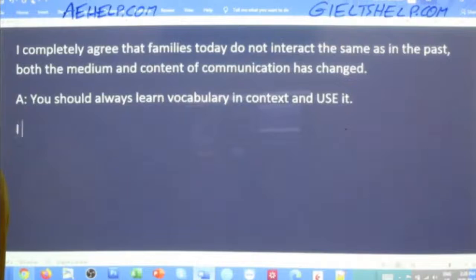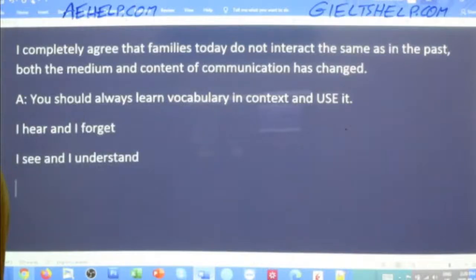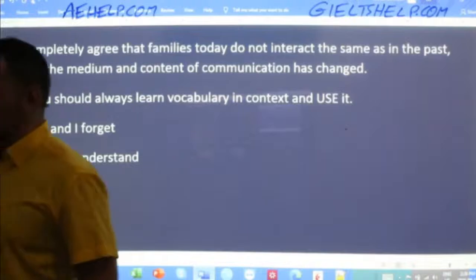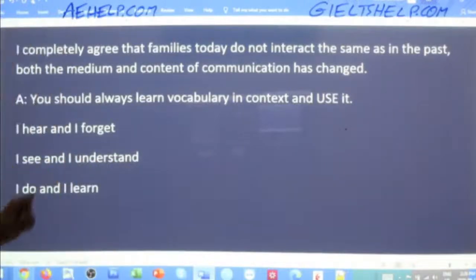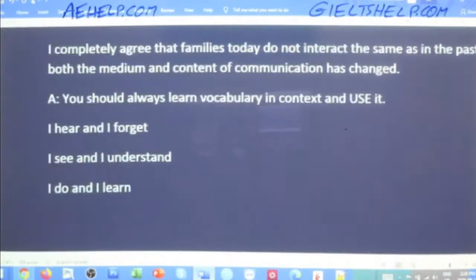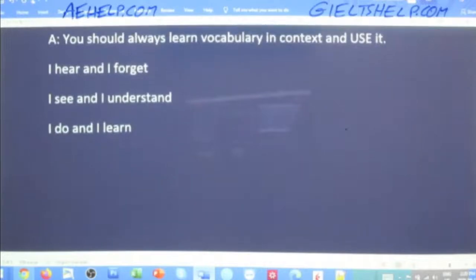Tao says, I hear and I forget. I see and I understand. I do and I learn. So when you're learning vocabulary, Nick Hill, this is also true. I didn't make this up. This is thousands of years old, and I think it holds a lot of weight.